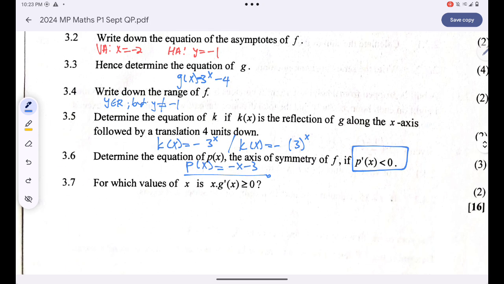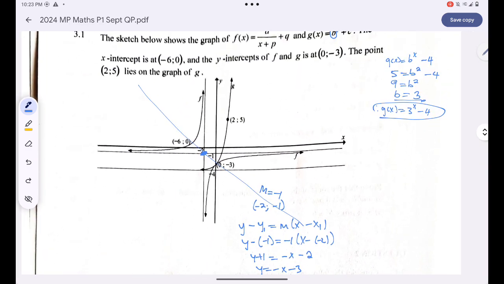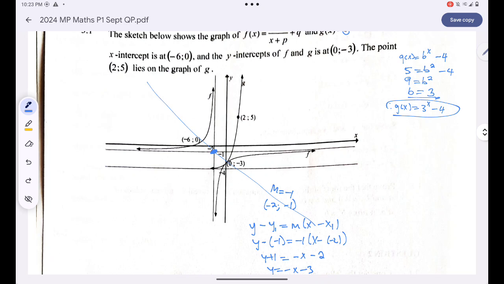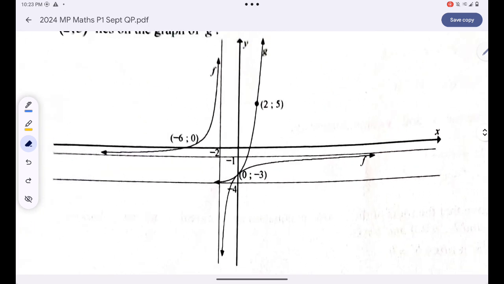And then now we are being asked for which values of x the product of x and the derivative of g is greater than 0. Basically, I'm looking for the values of x whereby the graph of g is either increasing and x is positive at the same time, or the graph is decreasing whereas x is negative. So the graph of g of x is forever increasing. Are you together?